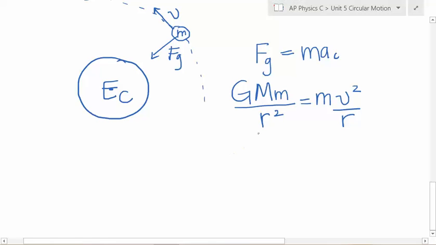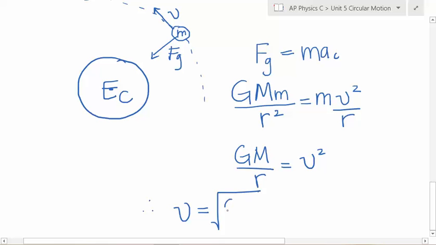All right, so if I reduce this, I get G capital M over R is equal to V squared. So V is the square root of GM over R.